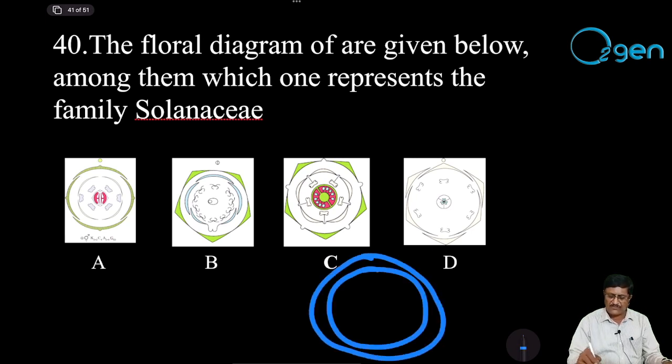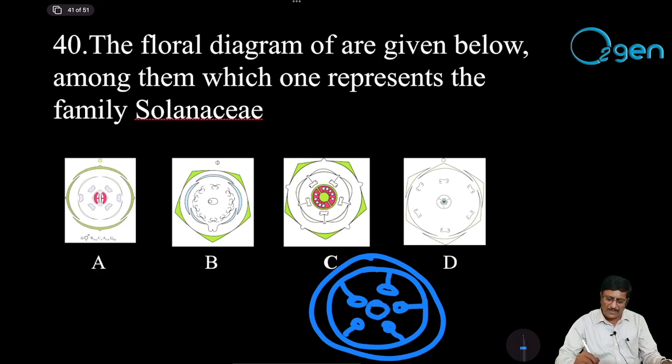The first circle is calyx, the second circle is corolla, and the stamens develop from the corolla. The gynoecium is bicarpellary with oblique placentation, slightly angled. Hence, for the Solanaceae floral diagram, option C is correct.